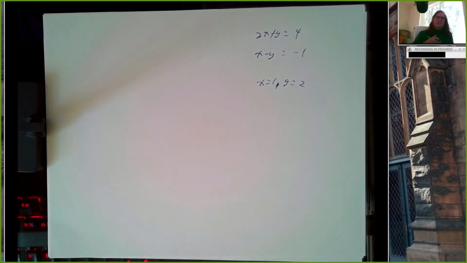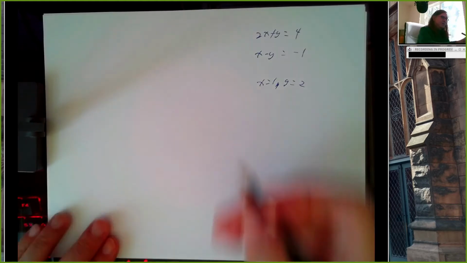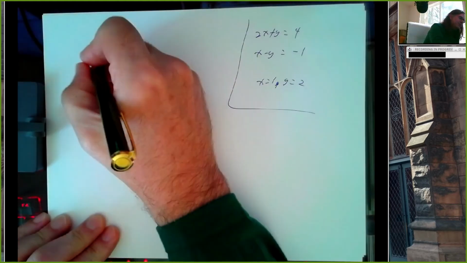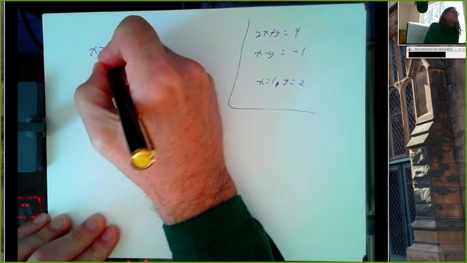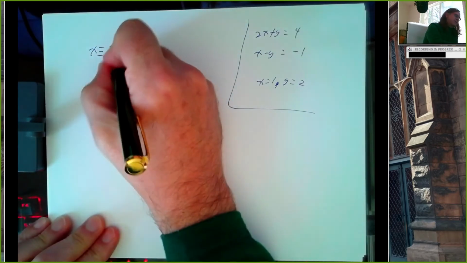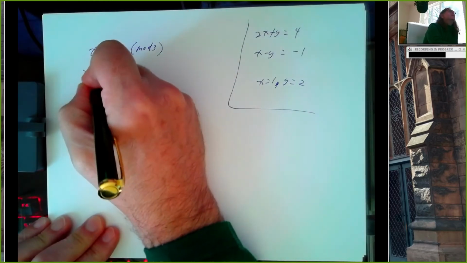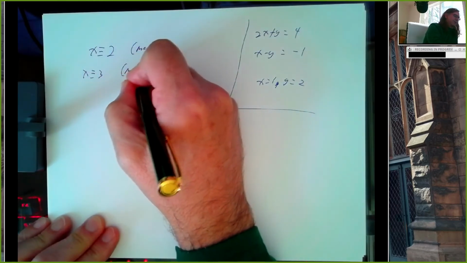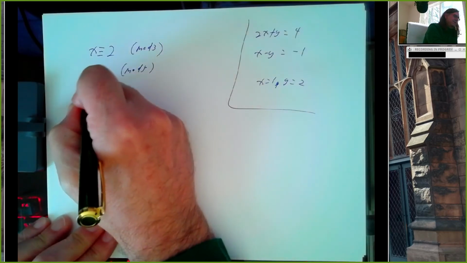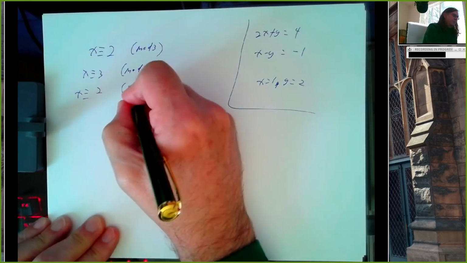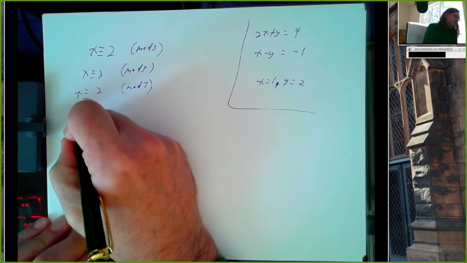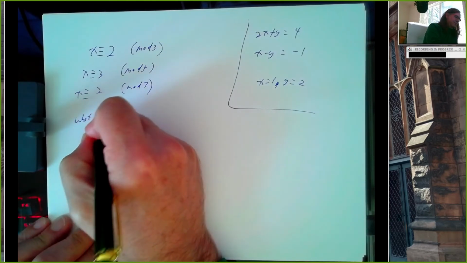We can say if we have a series of equations modulo something, can we find a solution? And so here's an example. Suppose I have some unknown variable x, and x is congruent to 2 modulo 3, and x is congruent to 3 modulo 5, and x is congruent to 2 modulo 7. What is x?